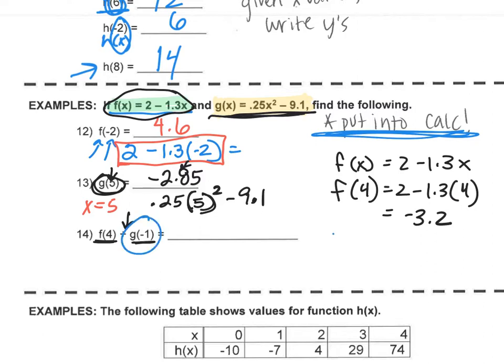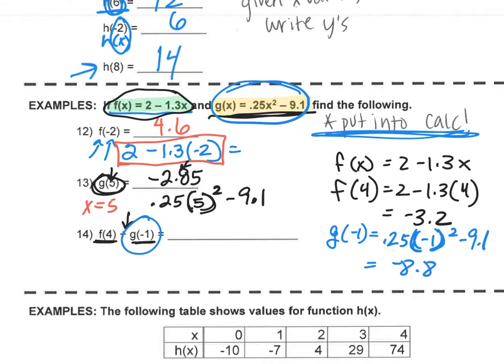Now I'm going to work g of negative 1. G of negative 1, that means I'm using the g of x function. So that means everywhere there's an x, I'm going to write in negative 1. Now in this case, make sure you put the parentheses around it when you're plugging it in. And when you do, you get negative 8.85. If you get something other than negative 8.85, you didn't put your parentheses in.